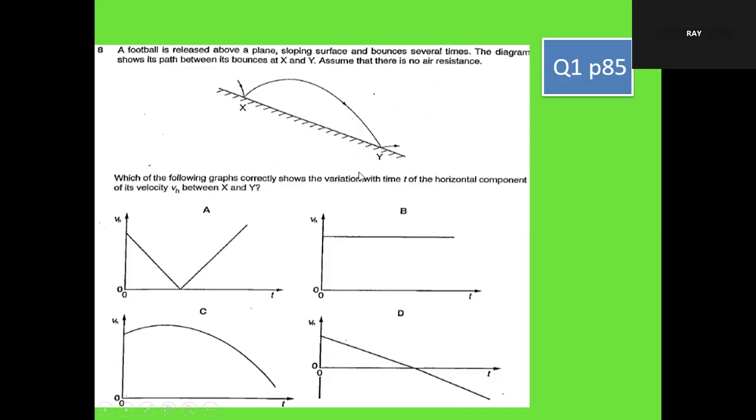Yep. And remember, what is your answer? D. B, okay, good. If it's vertical component, it's D.